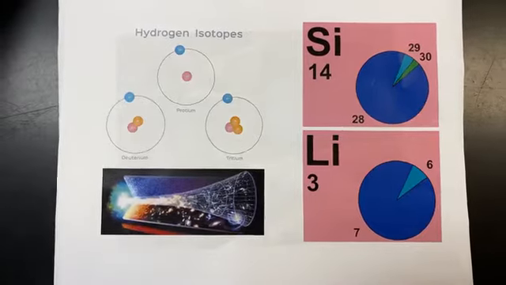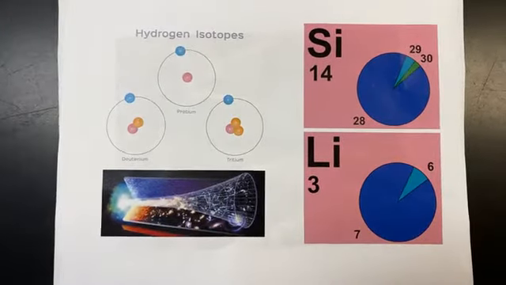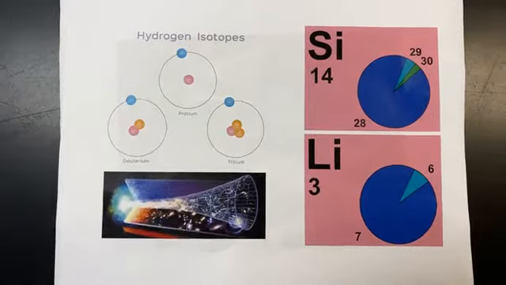The relative numbers of isotopes were basically determined at the start of the universe, when the Earth was formed. For example, silicon is dominated by silicon-28 with a very small amount of silicon-29 and silicon-30. And lithium is dominated by lithium-7 with very little lithium-6.